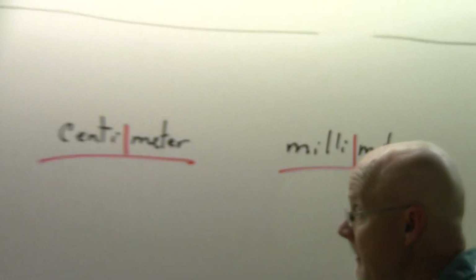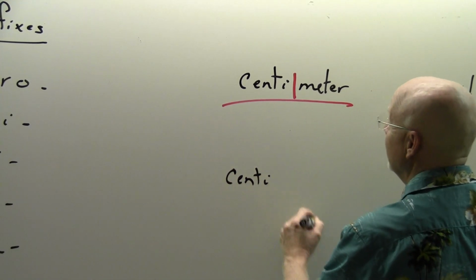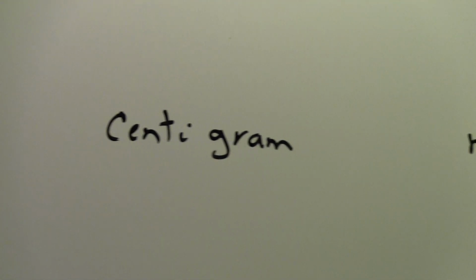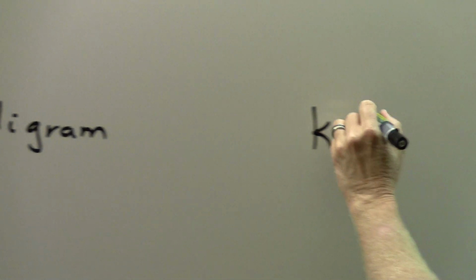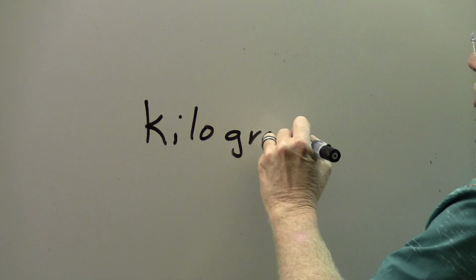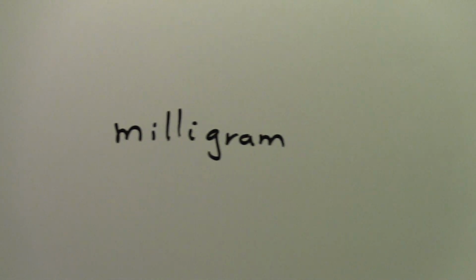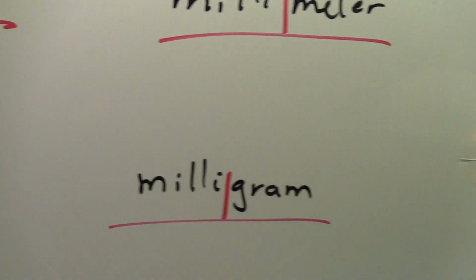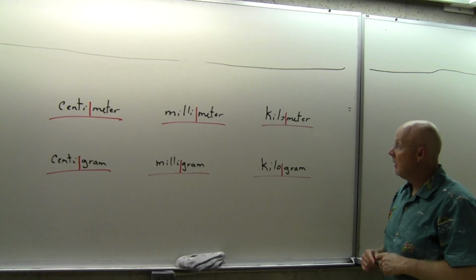I could do the same thing with a gram. I could go centigram, milligram, kilogram. And again, just in case you don't see it, notice that every one has the root word gram in it.